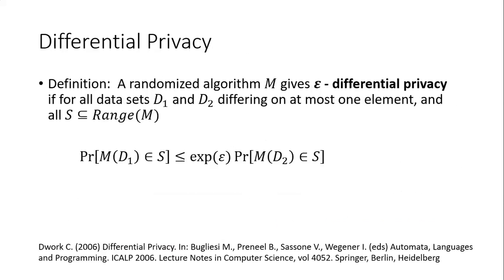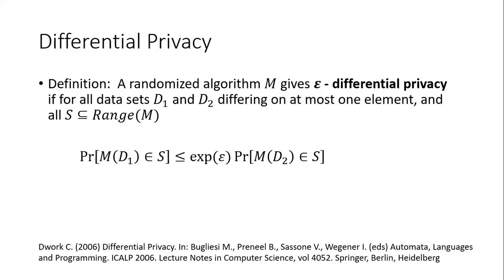So the definition of differential privacy is that you have some randomized algorithm, and on any databases that differ in just one row, the probability of achieving a certain return value isn't changed much. And by much, what I mean is there's this multiplicative factor e to the epsilon, right?